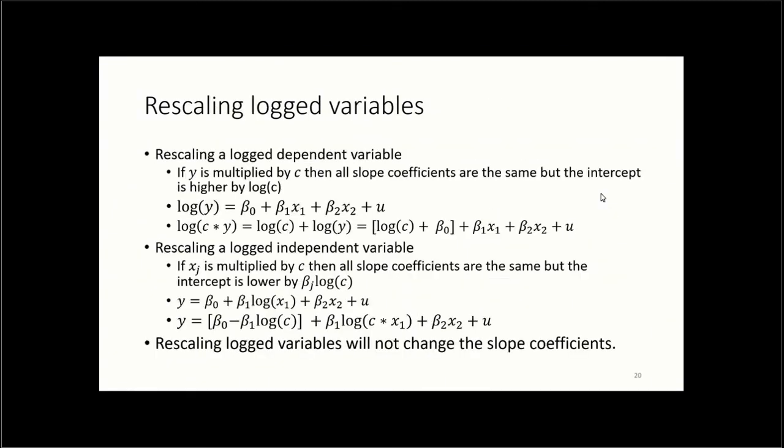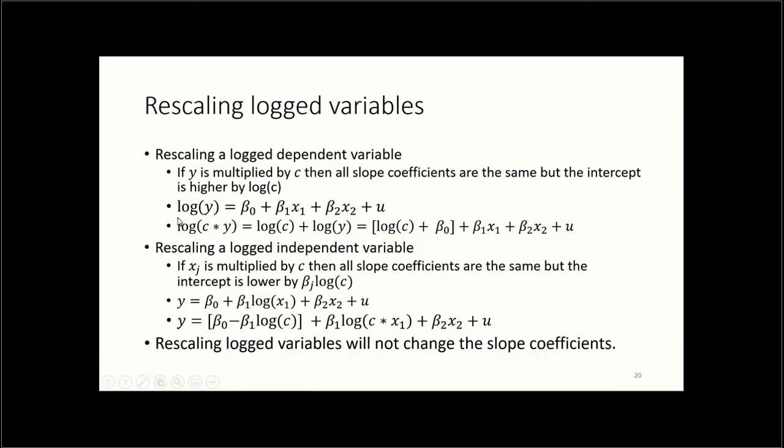Okay, so let's see what happens when we rescale a log dependent variable. Here, if y is multiplied by c, then all of the slope coefficients are the same, but the intercept is higher by log of c. Let's see why that's the case.